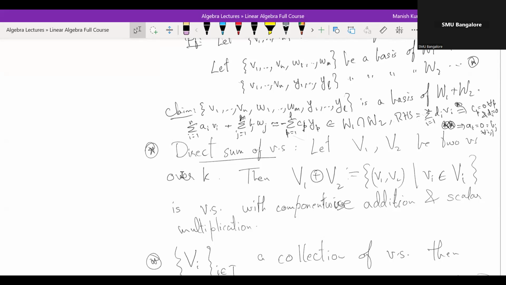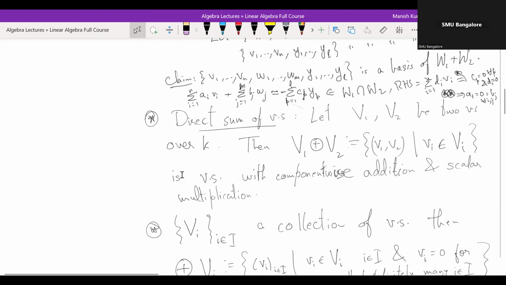As a set, it's this, and then you use component-wise addition and component-wise scalar multiplication. That makes this set V1 plus V2 into a vector space. So this is the direct sum of two vector spaces. You can also think of it as the product of two vector spaces. For a finite number of vector spaces, product and direct sum are the same, but people think of it as direct sum. They become different only if you have an infinite collection of vector spaces.